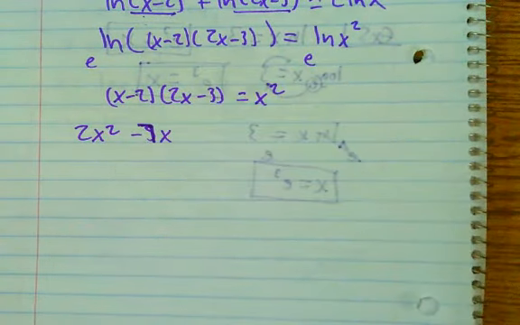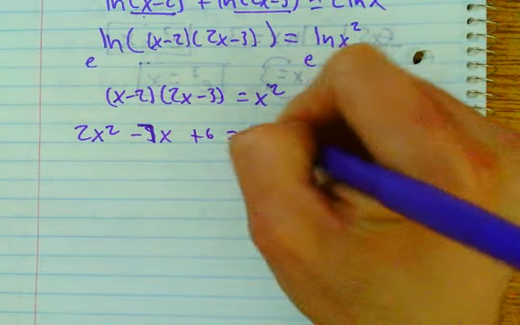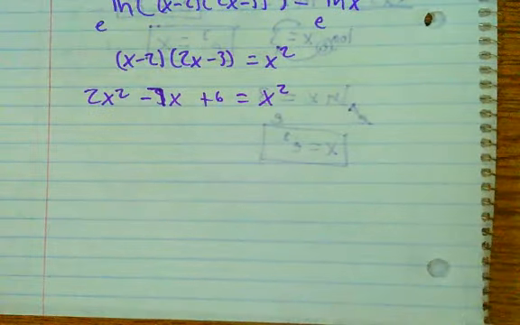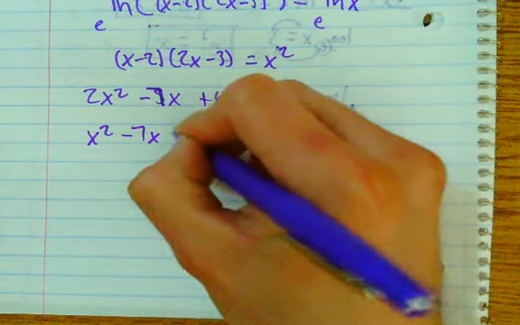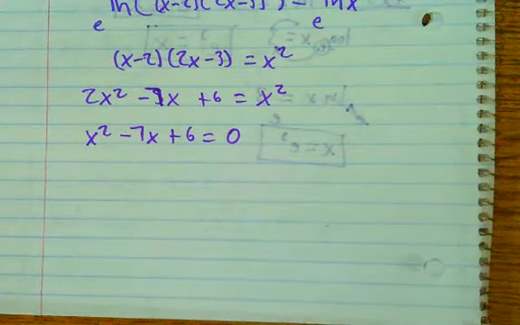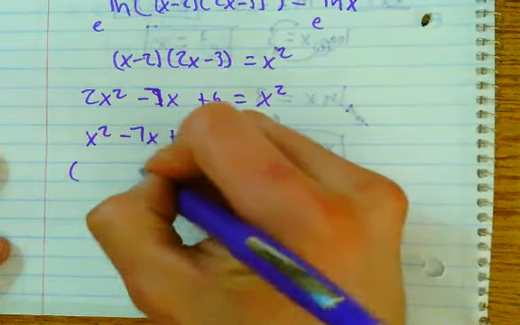Bring over the x squared because you're dealing with a quadratic. x squared minus 7x plus 6 equals 0. Agreed? We good? x, negative 6, negative 1. Therefore, x is equal to what?